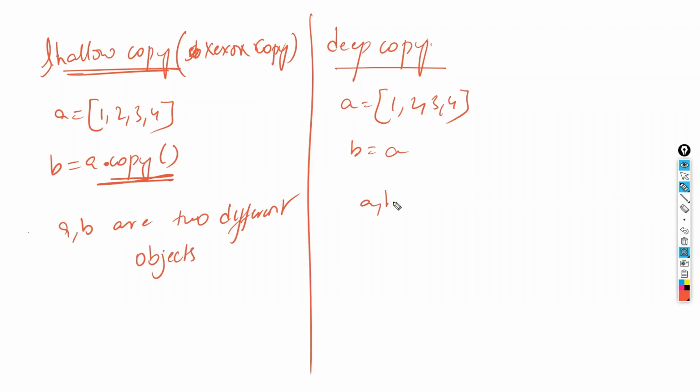Whereas here, A and B are identical objects, the same object.